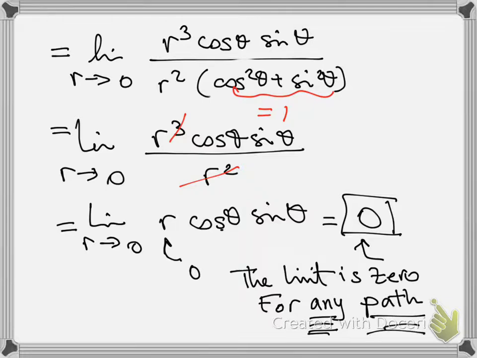Okay. I didn't pick a specific path here, right? My x and y could follow any path, and the limit would still be equal to 0, right? So here the limit exists and it's equal to 0. So the limit exists.